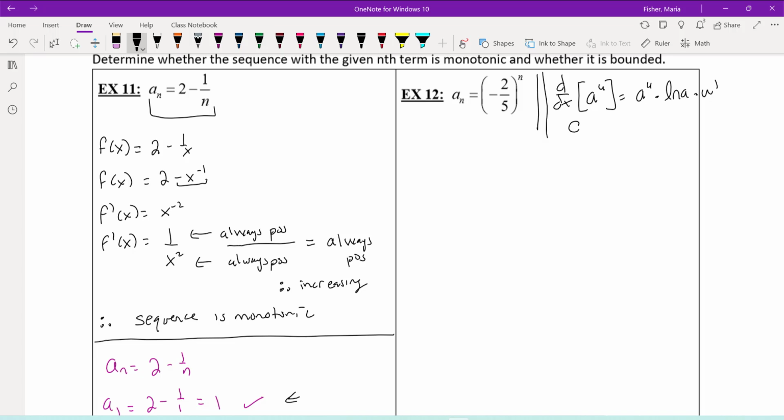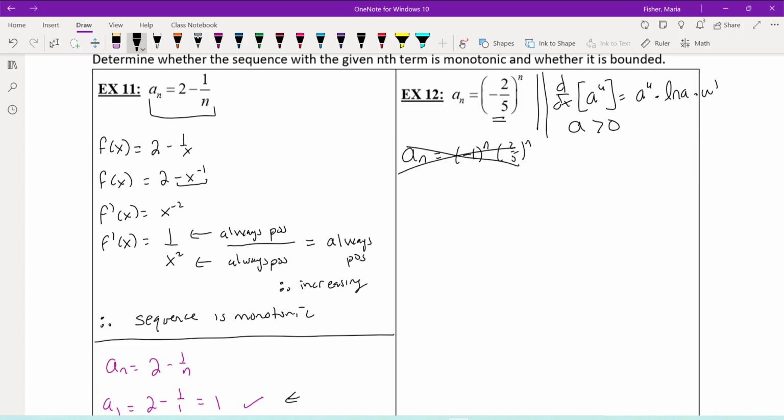Well, this requires a to be greater than 0. This number here is not bigger than 0. Since it's not bigger than 0, then I would have negative 1 to the n times 2/5 to the n, and then I'd have to try to take its absolute value, and it would just be a mess. So finding whether this is monotonic using the derivative isn't really going to work.